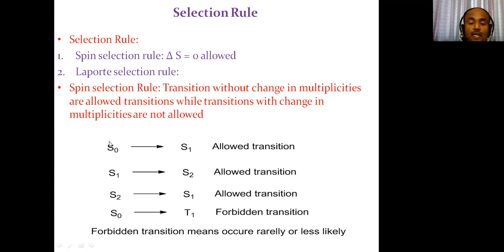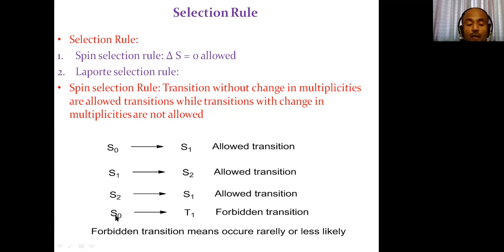So excitation from ground state S0 to S1, the first excited state, or from S1 to S2, that is, excitation of an electron from the first singlet excited state to the second singlet excited state S2, or S2 to S1, all these are allowed transitions because during these transitions the multiplicity does not change.